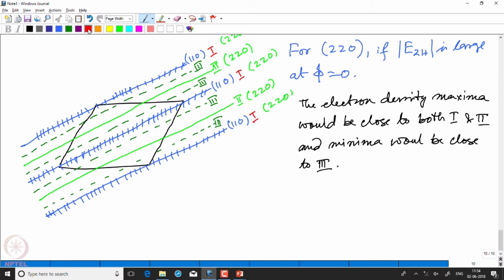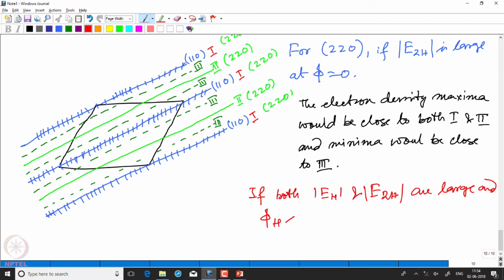So if both EH and E2H are large and phi H is 0, then phi 2H also has to be 0.